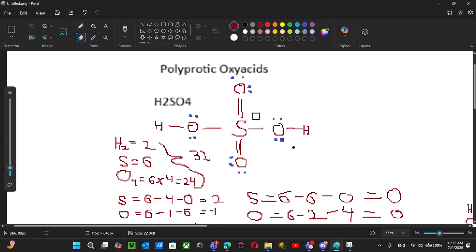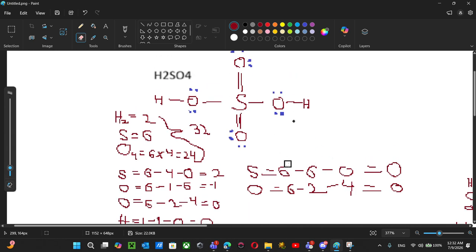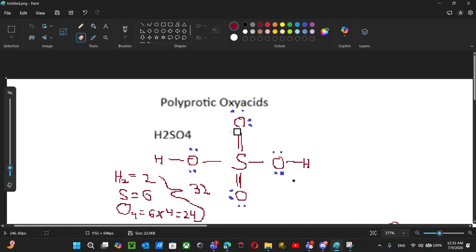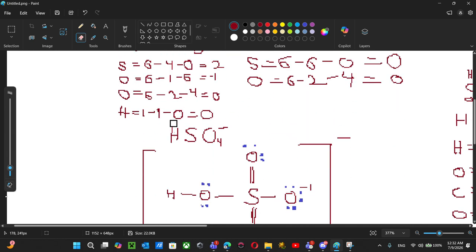After you do that, you just calculate everything as you can see here. Sulfur: 6 valence electrons, 6 bonds, minus 0, that would be 0. Oxygen is equal to 6 valence electrons minus 2 bonds minus 4 electrons, that would be 0. So this will be the best possible structure with 32 valence electrons.